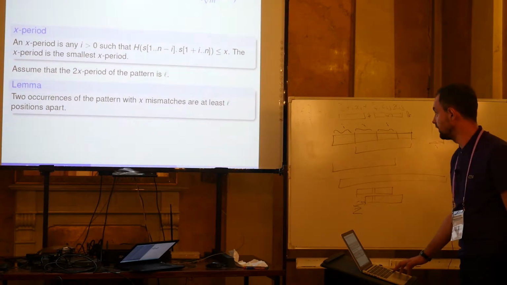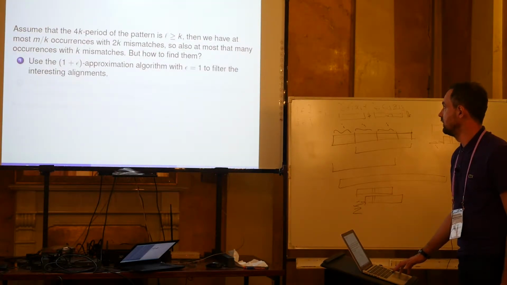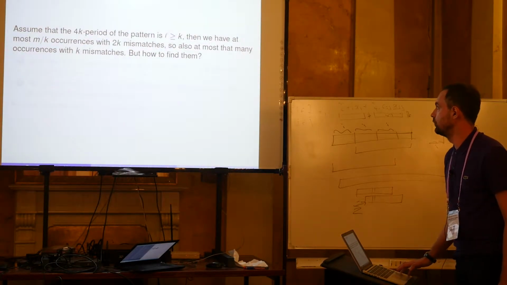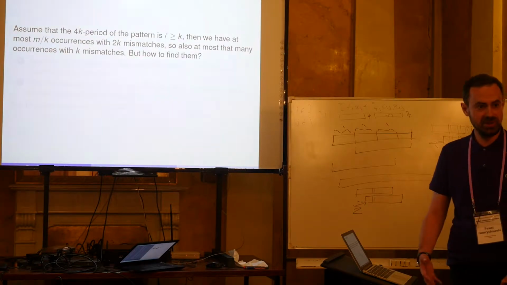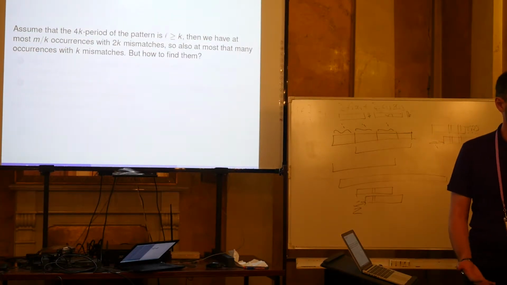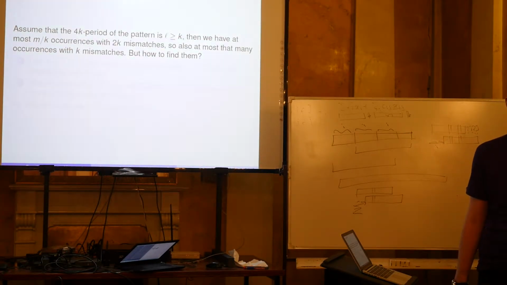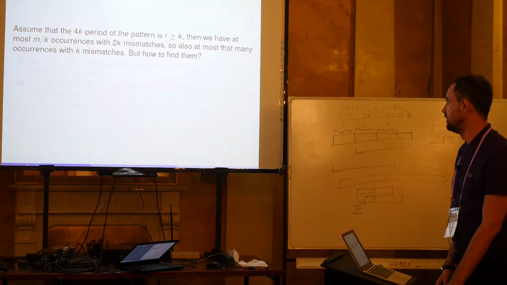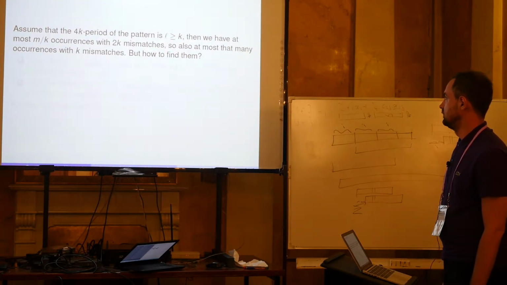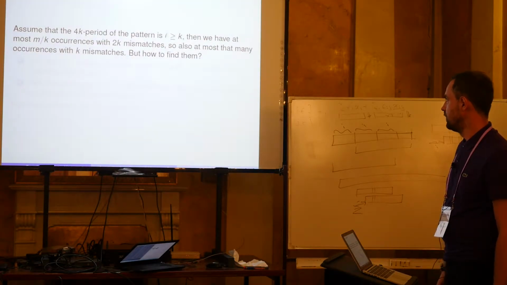So if your 4k period is large, then the number of occurrences with 2k mismatches is at most m over L, in fact, but L is at least k. So you know that the number of possible occurrences with 2k mismatches is small.